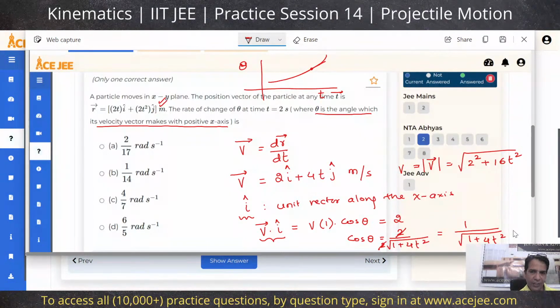And why do I say that? When you write the expression for cos theta, it is 2 by v. So when you differentiate with respect to time t, you are differentiating v, so you will get dv by dt. You would want to know that, so that's why we are trying to determine dv by dt. Correct? Yes, sir. Okay.